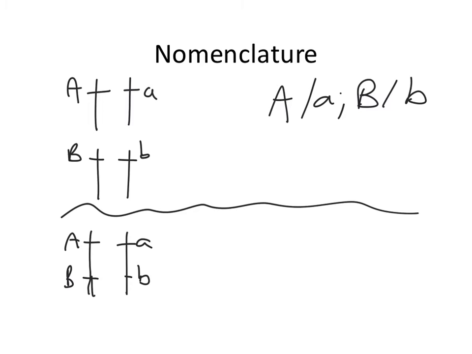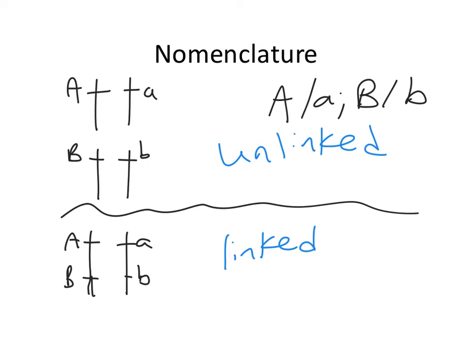How does it differ from what I drew up top? The 2 genes, they're on the same chromosome. So this gets to an important point. When genes are on different chromosomes, we call them unlinked because physically they are unattached. They're not linked. But when 2 genes are found on the same chromosome, then we call them linked genes.